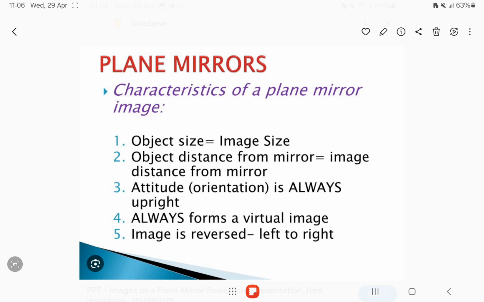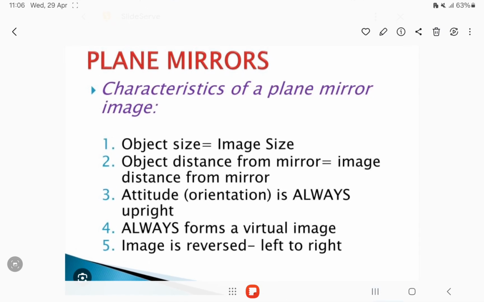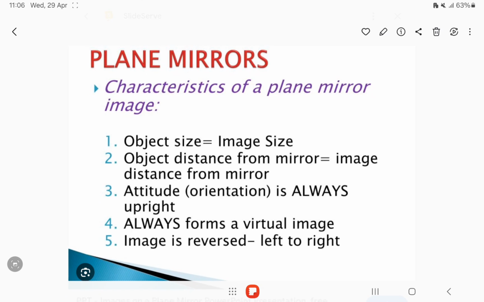Plane mirror revision. 5 seconds revision, friends. The object size and the image size both are same, and the object distance from the mirror and image distance from the mirror both are same.